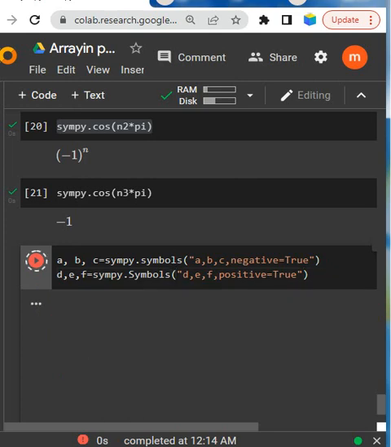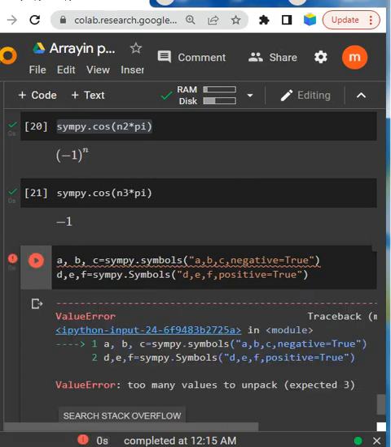So now it has been like this. Too many values to unpack, expected 3: A comma B comma C.